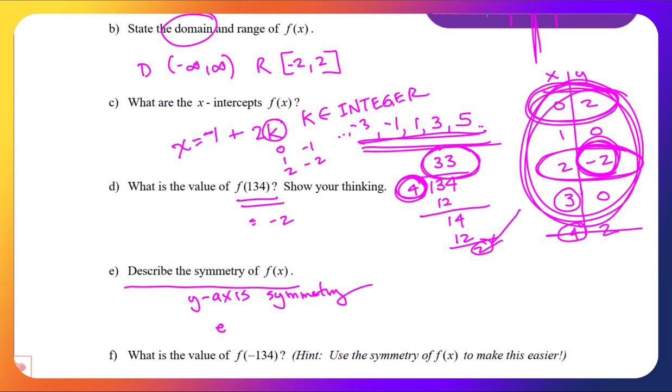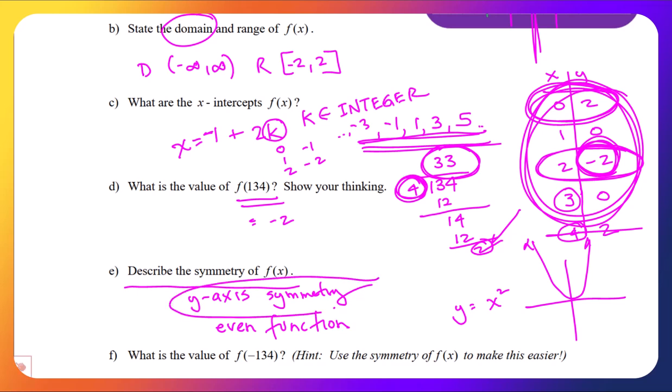Sometimes we call that an even function, because y equals x squared is the poster child for an even function. Well, if it's symmetric to the y-axis, if I go to the right 134 and I get negative 2, if I go to the left 134, I'll bet you, we also get negative 2.